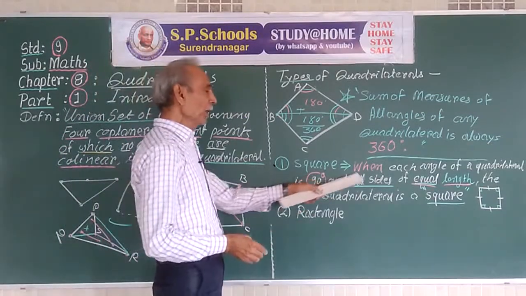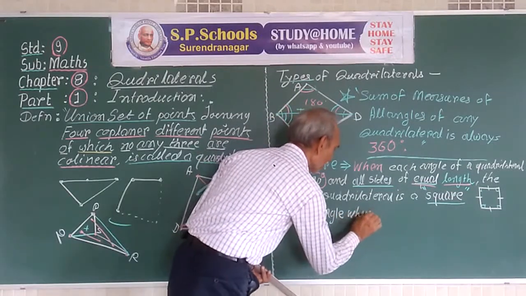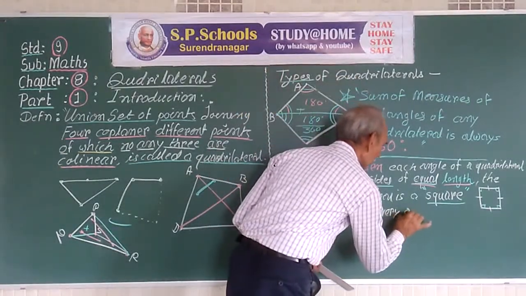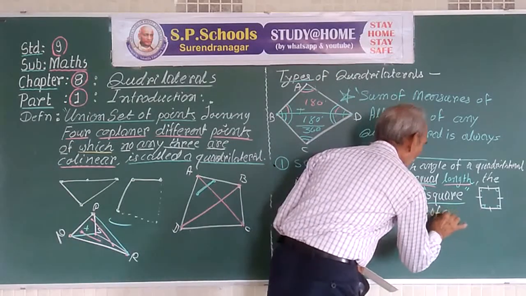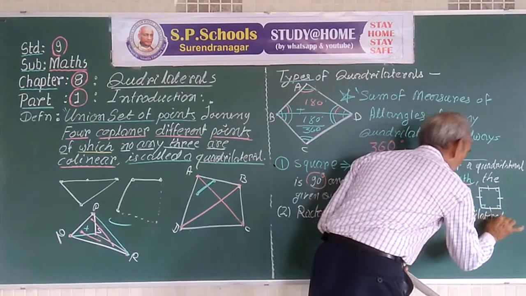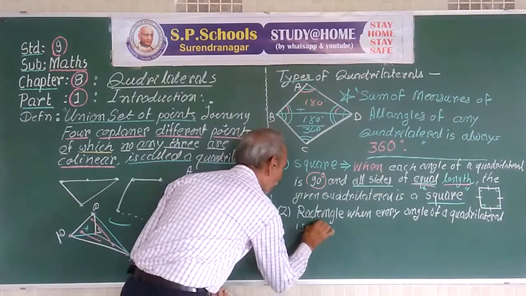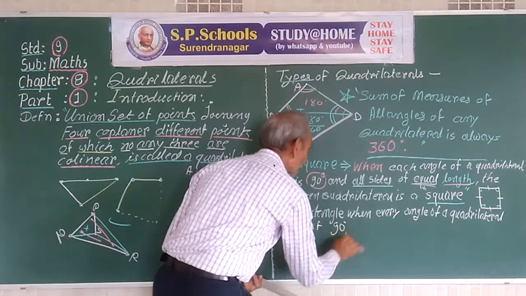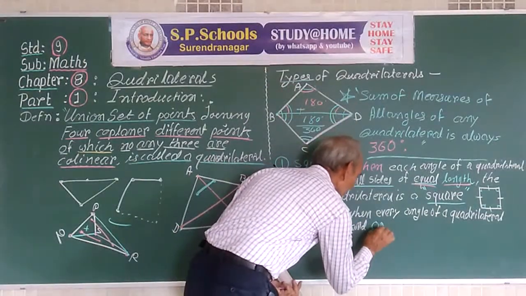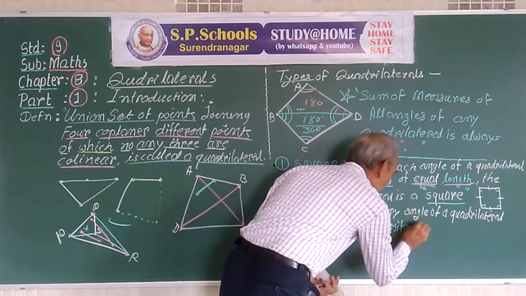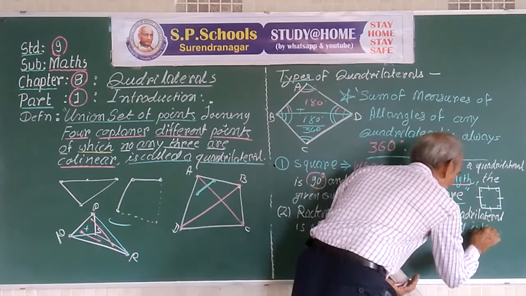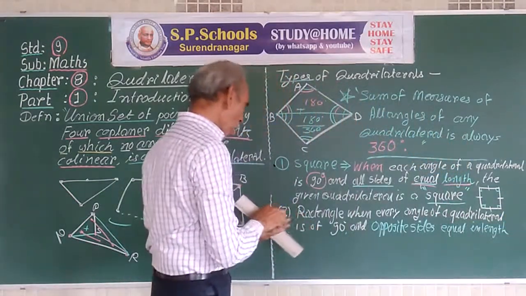Rectangle. When every or each angle of a quadrilateral is of 90 degrees and opposite sides are equal in length, it is called a rectangle.